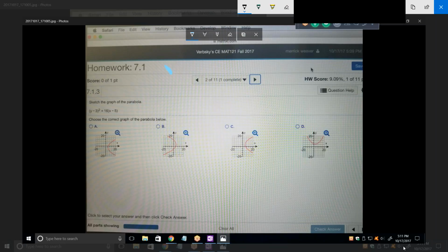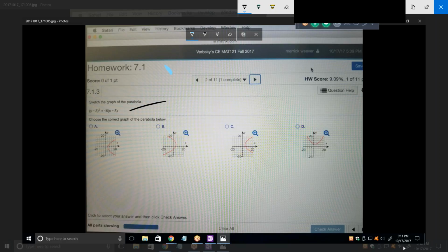Which way does this open? To the right or to the left? Does our function here open to the right or to the left? To the right, because A, which is 16, is positive.